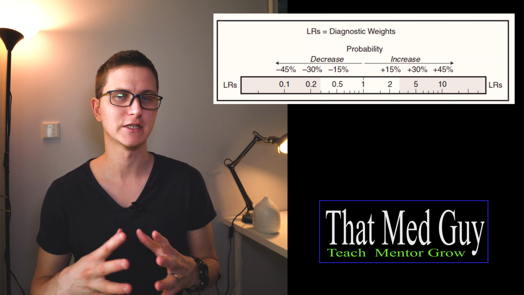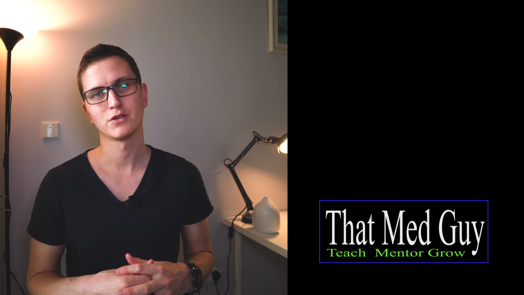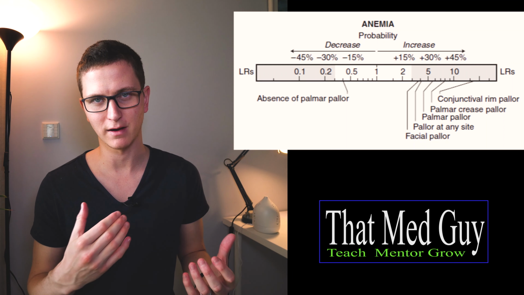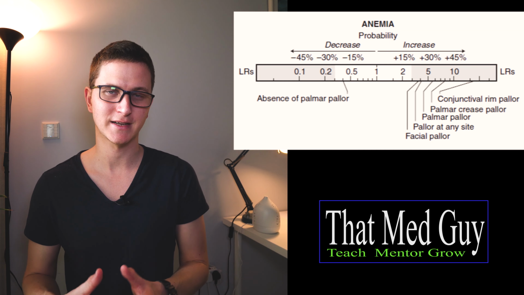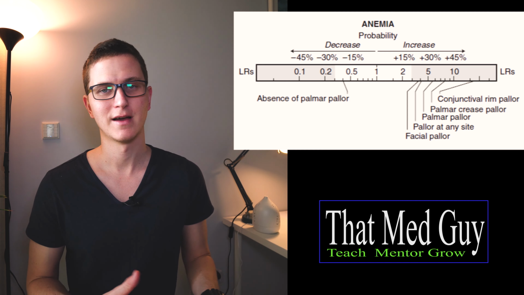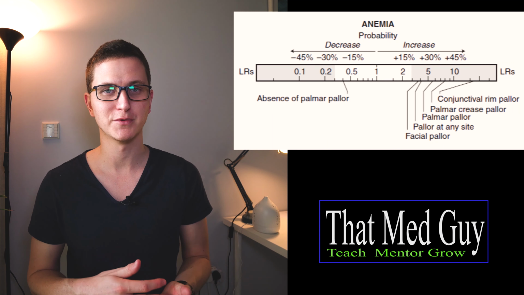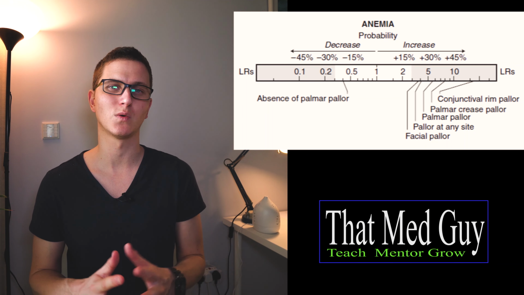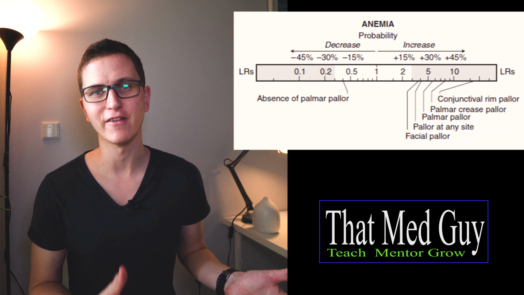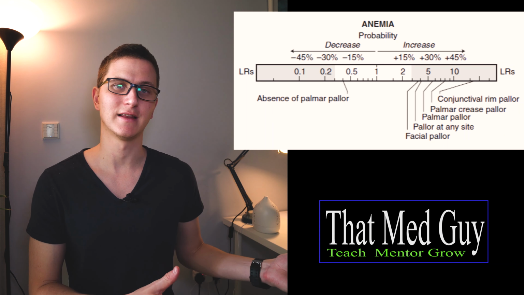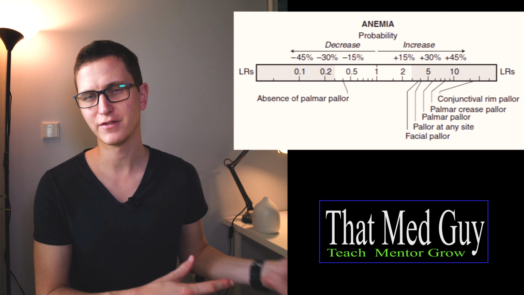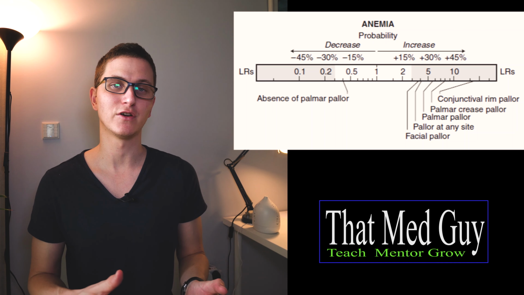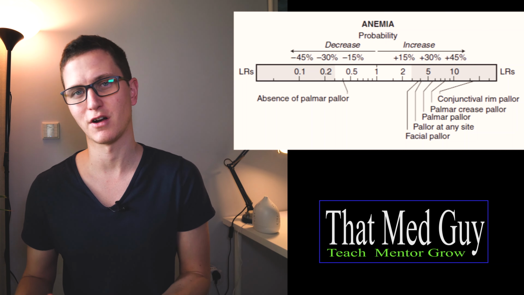Some things have very small likelihood ratios. As you can see, anemia has likelihood ratios. If your conjunctiva is pale, it adds almost a 50% likelihood that they are anemic. However, with palm pallor, if their palms are not pale, it has a likelihood ratio of like 0.3, so it takes away from the chance, but only a 5% decrease in the presence of the disease, whereas if their conjunctiva are pale, it has a very good chance of adding to the presence of the disease.